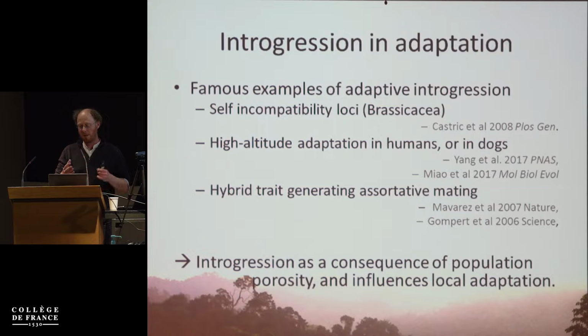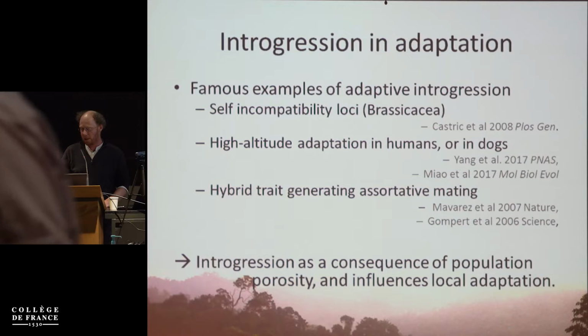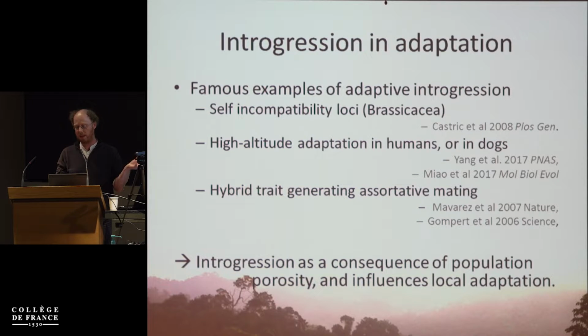Or you can have high altitude adaptation in humans or dogs, with obvious advantages of high altitude adaptive alleles. And you can also have a role for introgression in speciation, with a hybrid trait generating assortative mating and maybe causing speciation. We have quite a few examples in butterflies for that.